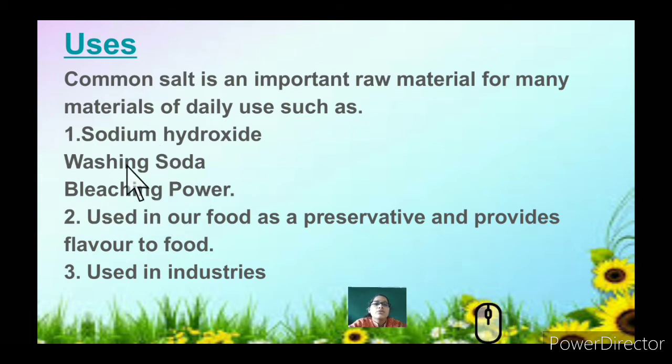Sodium hydroxide is present in washing soda and bleaching powder, a bleaching agent. Common salt is also used as a food preservative. You can see that more salt is used in pickles and savories, and it provides flavor. It gives nice flavor and aroma to the food. It is also used for some industrial purposes.